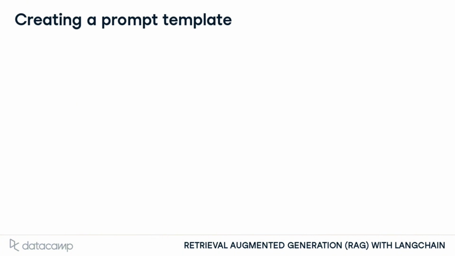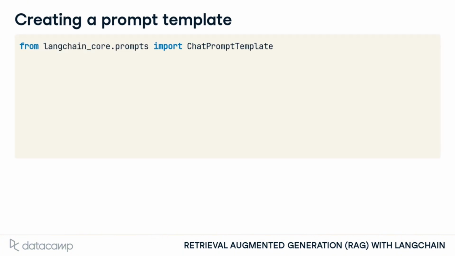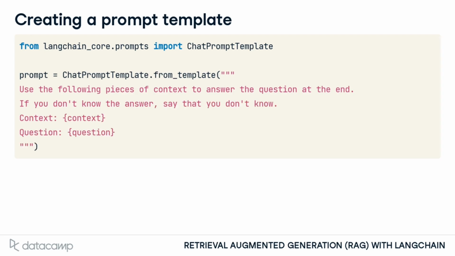To construct a prompt template for the model, we'll use chat prompt template. Inside, we instruct the model to use the context provided to answer the question. We use curly brackets to indicate placeholders for the two input variables, context and question.